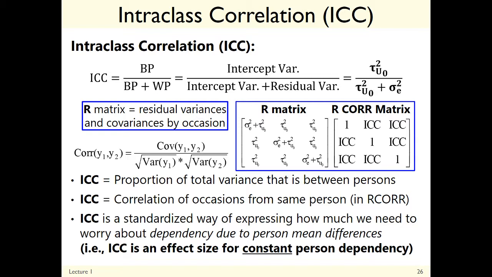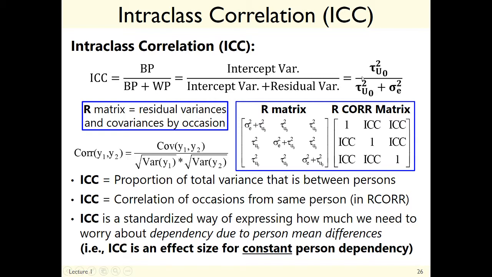That would happen if there's not a lot of variation within my occasions, and it all has to be between instead. So a high intraclass correlation, like 0.8, that would be 80% between, 80% level 2, 80% random intercept, versus an intraclass correlation, say, of 0.3, then only 30% would be between.